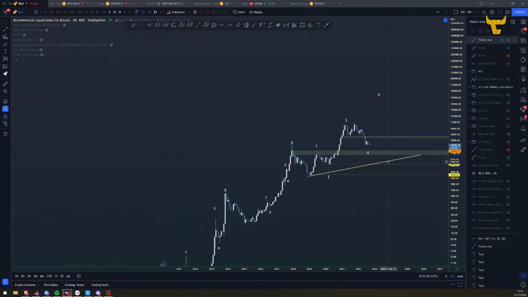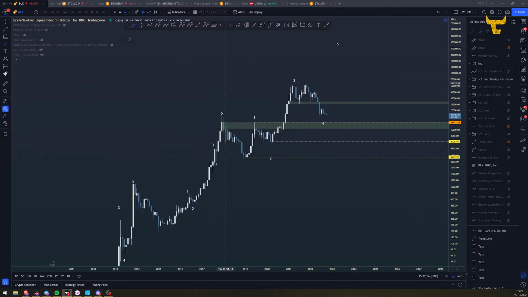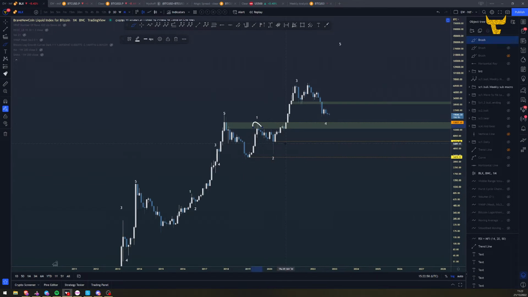Just to make clear that yes, overlapping 1 is an invalidation, but as we are most likely in a macro fifth, then we can have an ending diagonal. And what kind of diagonal could we have here? An expanding one.